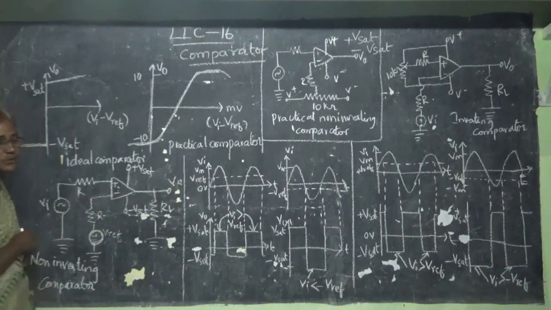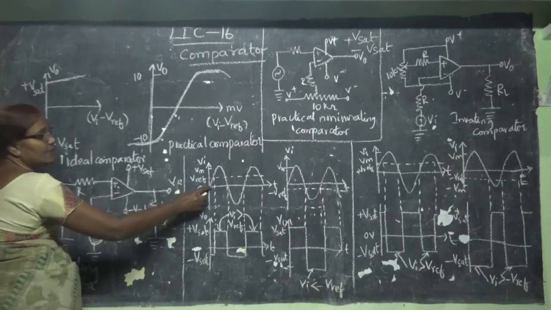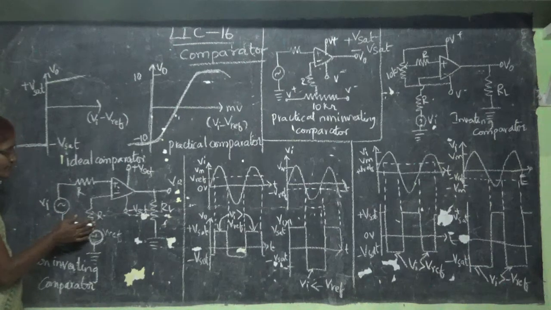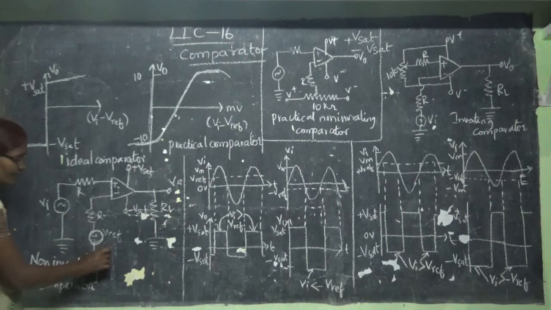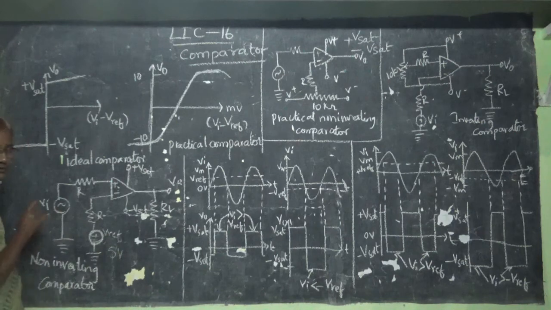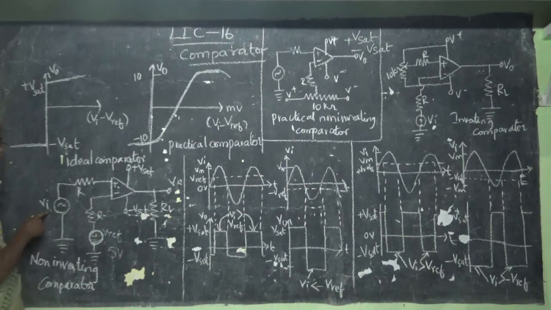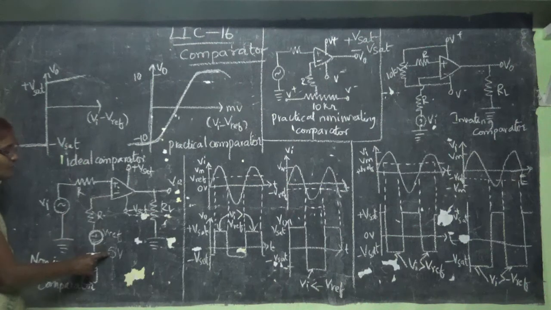So what happens? Now this input is going to be compared with the V reference. This is 0. Suppose this is 5 volts. Now which is higher? 5 volts is higher, 0 is lower.